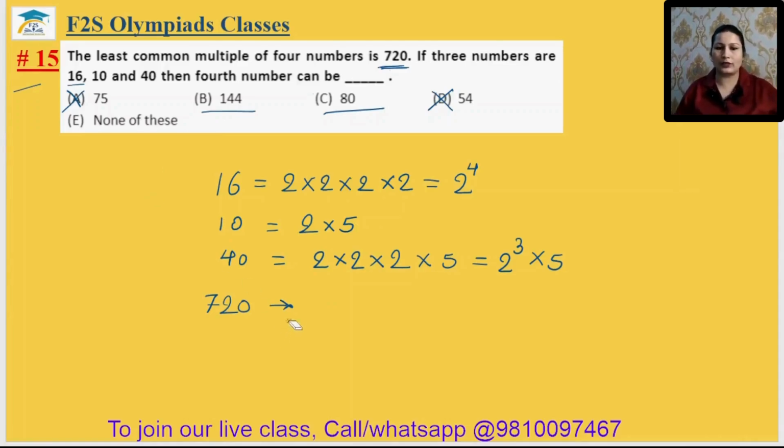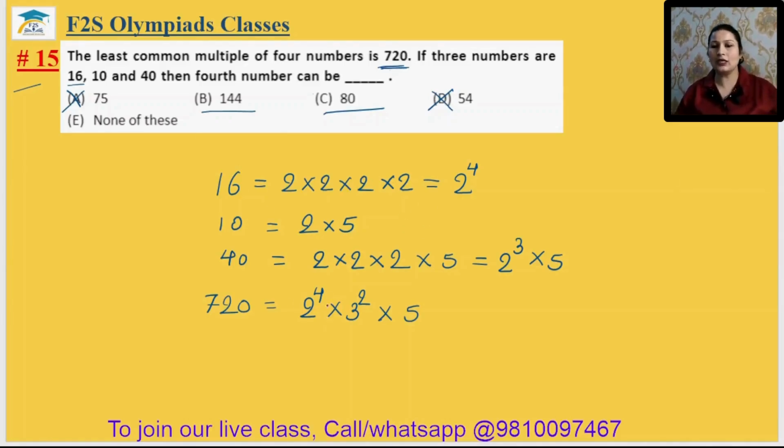So the prime factorization of 720 is, you can just do it in your notebook, I'm just writing it directly. It is 2 to the power 4, 3 to the power 2 and multiplied by 5. Now observe the common factors in them.